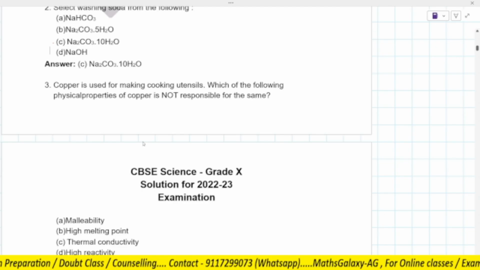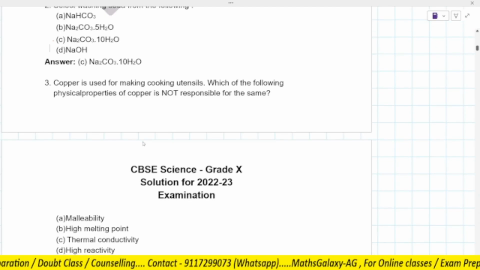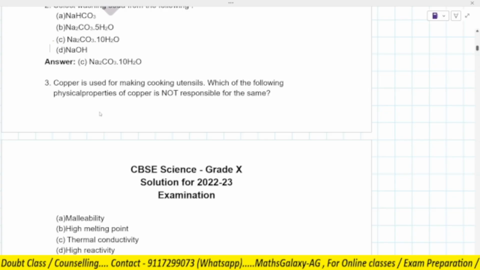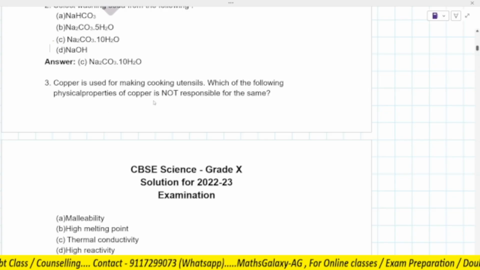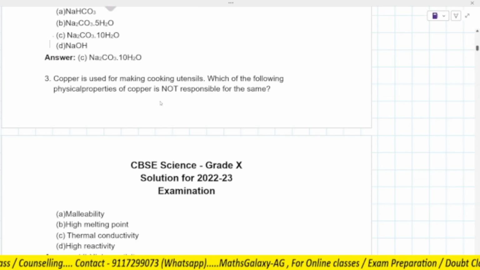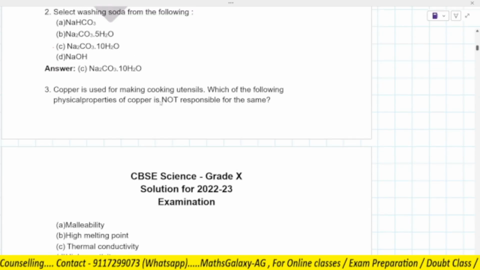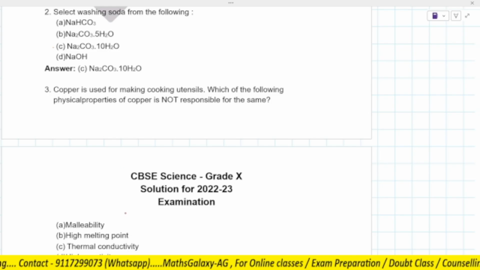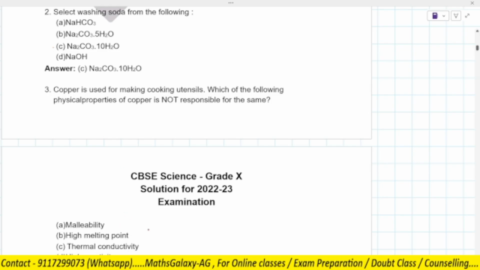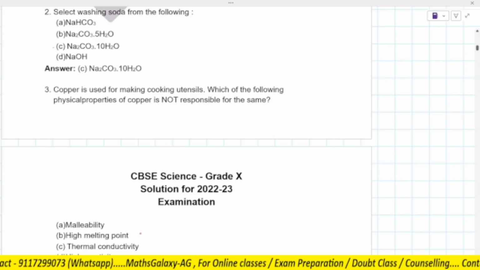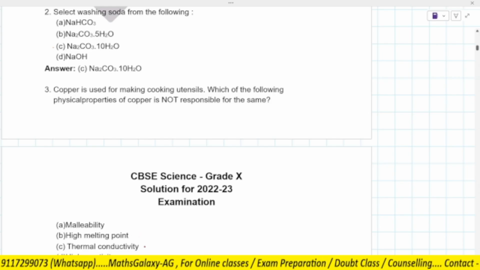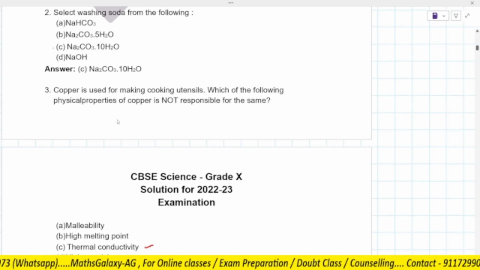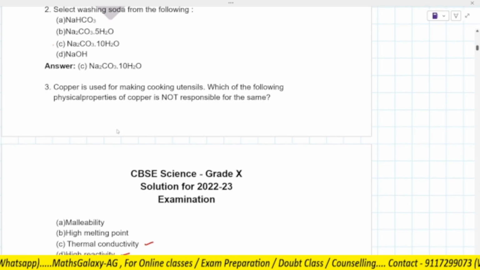Now, copper is used for making cooking utensils. Which of the following physical properties of copper is not responsible for the same? The first option is malleability, second is high melting point, third is thermal conductivity, fourth is high reactivity. So which one will it be?